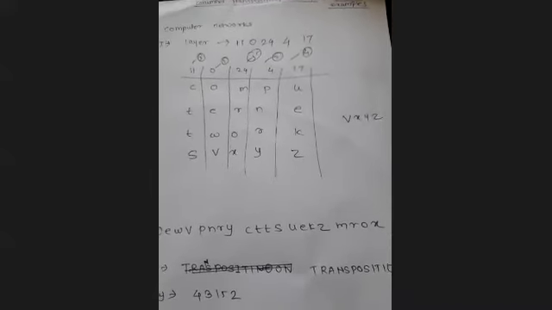Substitution technique, in substitution technique we had some types like Caesar cipher. Can you revise? कितने लोगों को याद है substitution technique के types? Caesar cipher, another one is mono alphabetic cipher. Next type, polyalphabetic.